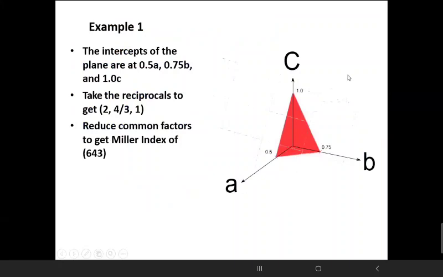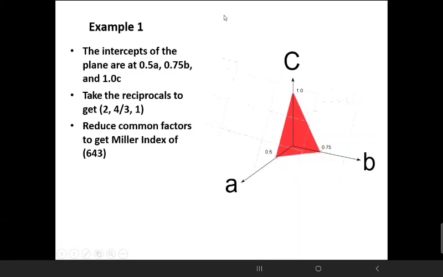Now we are going to discuss one example. Here, this is a plane which contains a, b, c axes. At the a axis, it cuts at 0.5. At the b axis, the cutting point is 0.75. At the c axis, the cutting point is 1.0.